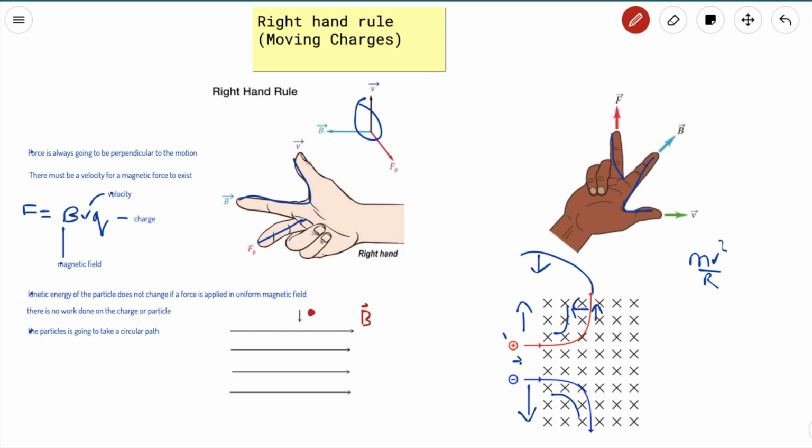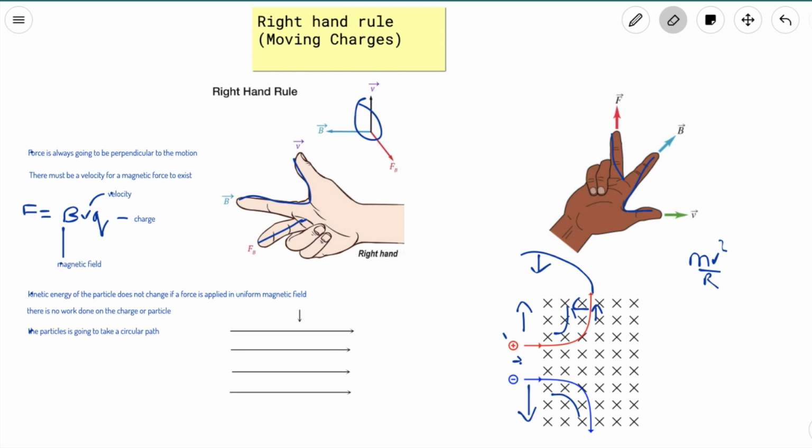So the force is going to be out of the page. And the force can be up, down, out of the page, or in. It doesn't matter. It can be in either direction.